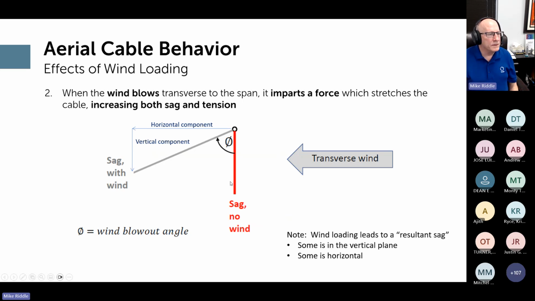So here, the sag of the cable with no wind, then the wind blows across and causes the cable to blow out and stretch at the same time. This angle is the blowout angle; you can calculate how much it will do this. So effectively some of the sag is vertical and some of it is horizontal after the wind has affected the cable.